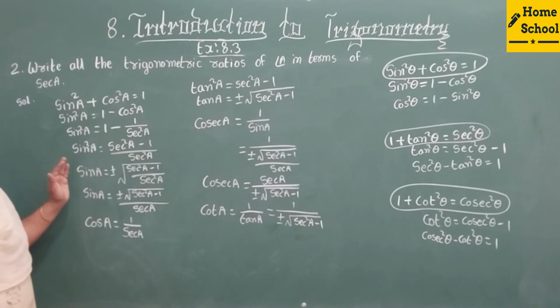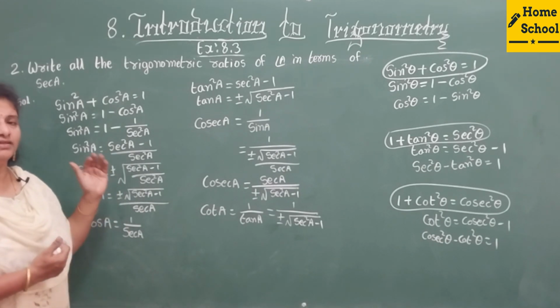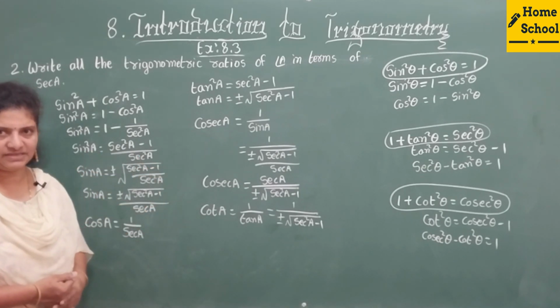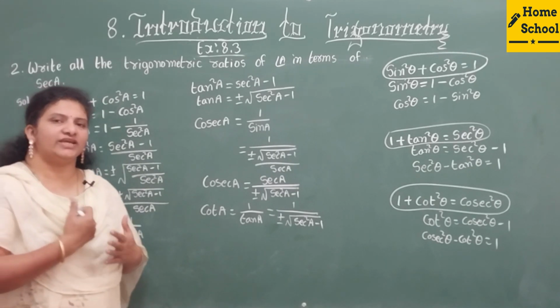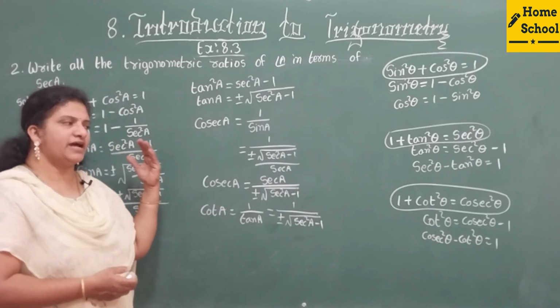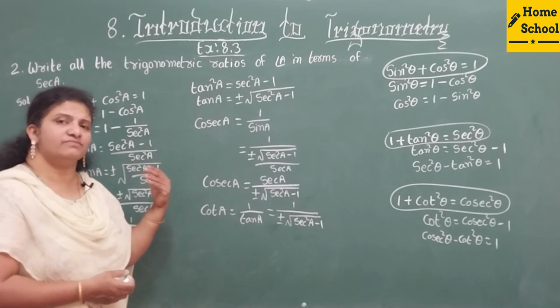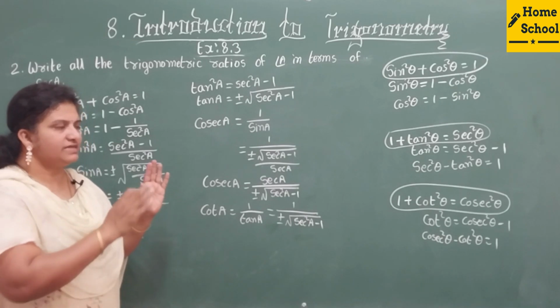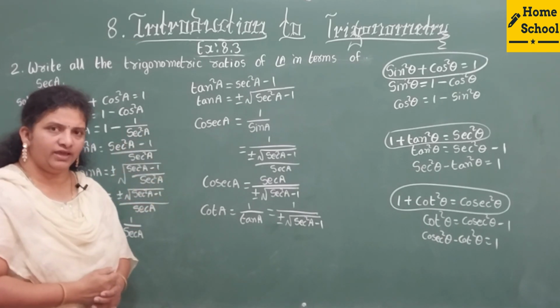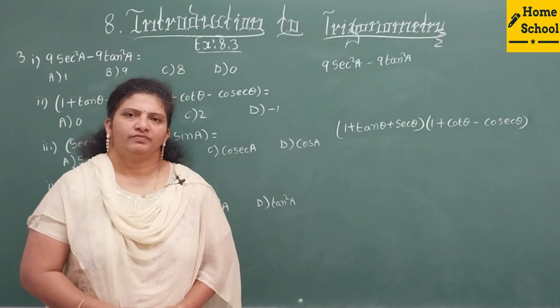That's it. Observe carefully how I have written all these using the identities. In the same manner they can change the terms. Suppose they may ask to write sin A, cos A in terms of tan A, or in terms of cosecant A. Just observe the identities carefully and try to write this.